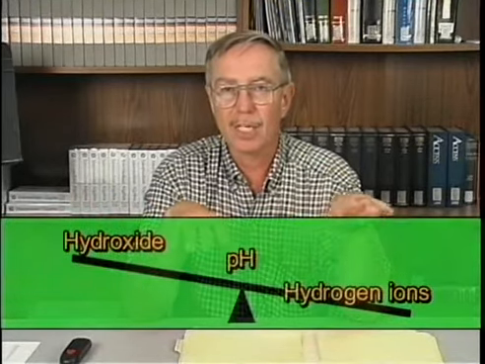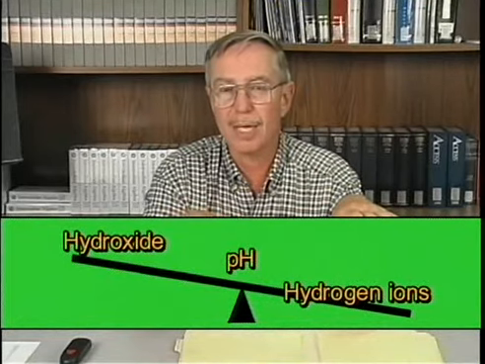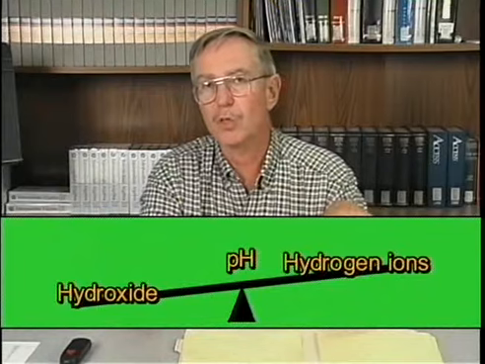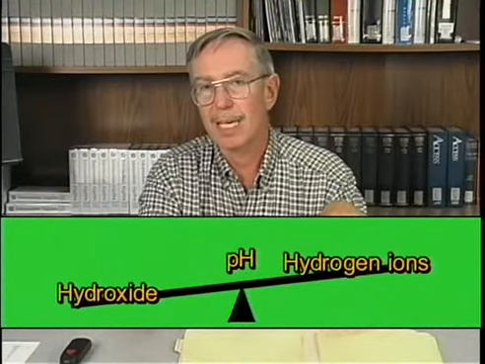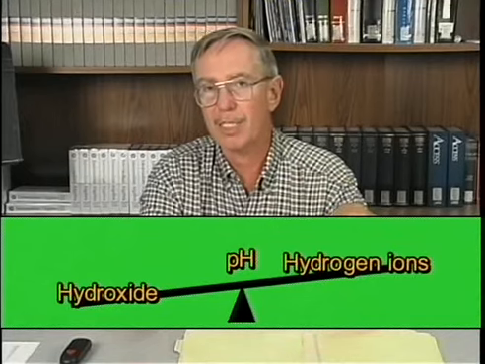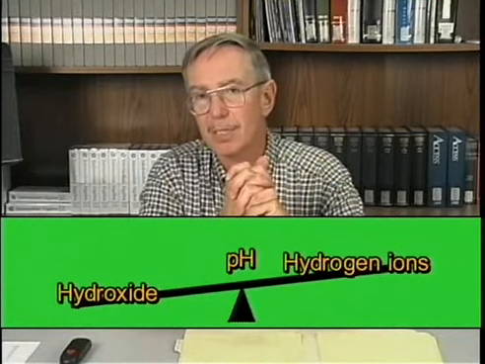Much like the equilibrium we previously discussed on cation exchange, the equilibrium between hydrogen and hydroxide ions in the soil solution is a very similar process. That is to say, if we increase the concentration of hydrogen ions, it will be at the expense of the hydroxide ions. The reverse of this would also be true. If we increase hydroxide ion concentration, then we would see a corresponding decrease in the concentration of hydrogen ions.